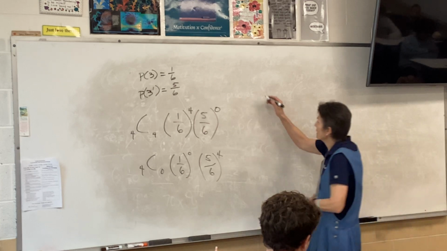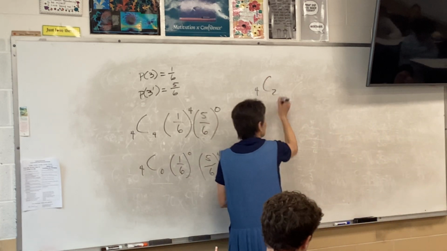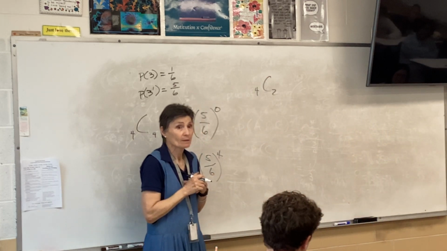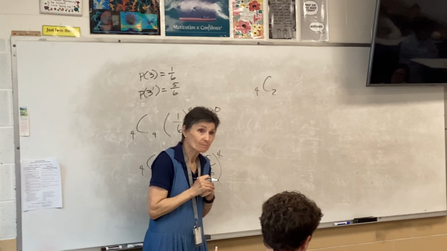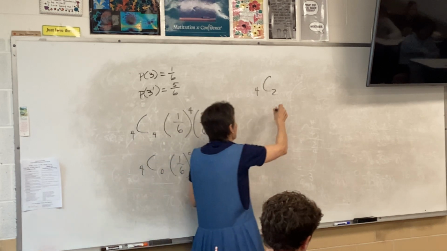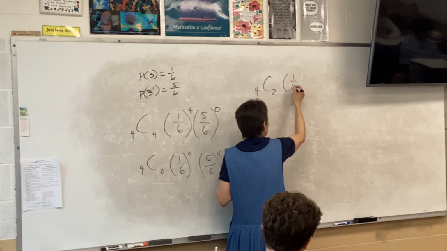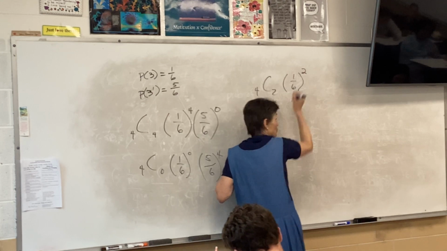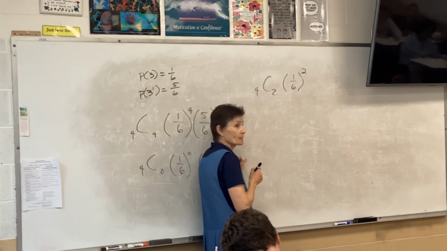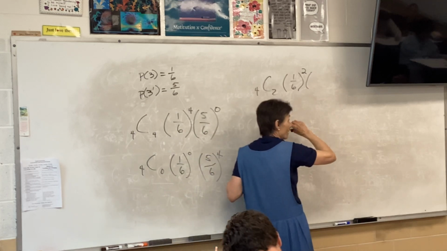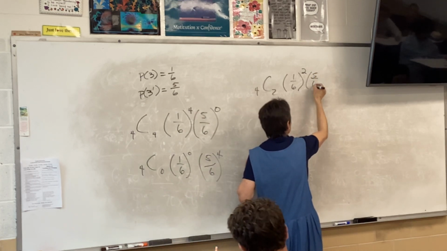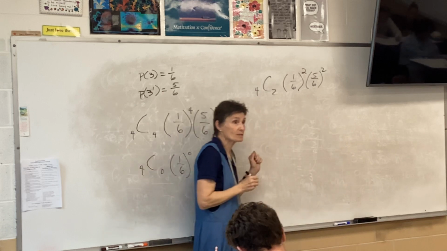I just know that of my 4 rolls, I need to pick 2 of them to be 3s. The probability of a 3 is 1/6, and I want 2 of those. And the probability of not a 3 is 5/6, and I also need 2 of those.